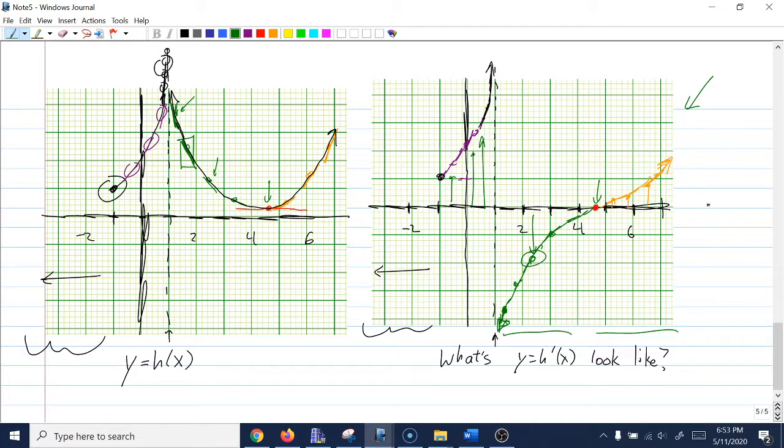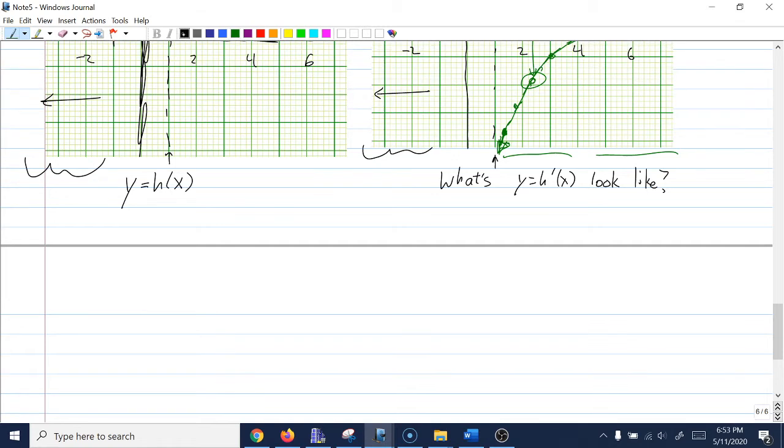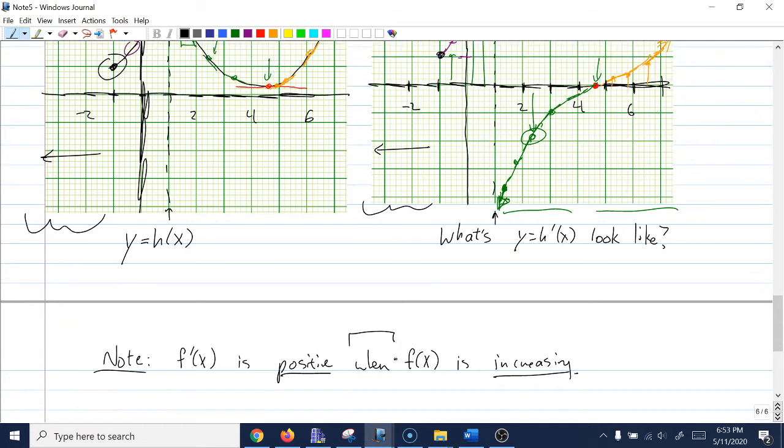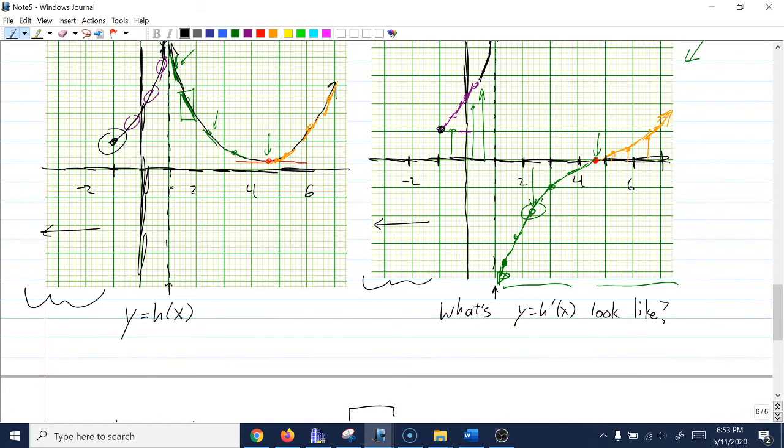Things to note. We said this out loud earlier, but I should get it written down somewhere. Note, f prime of x is positive when f of x, the original, is increasing. The word when here means I'm talking about the x-axis. This function was decreasing between 0 and 5.